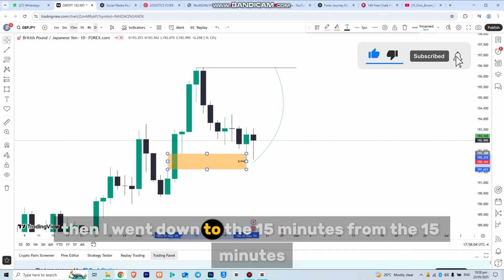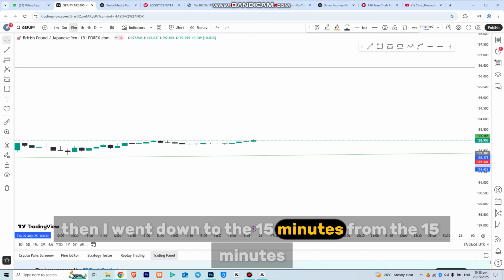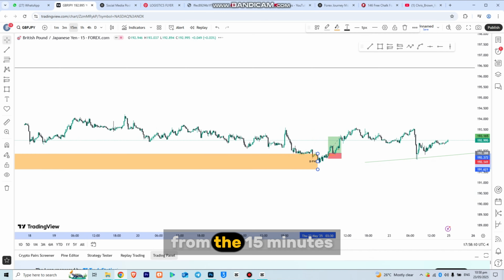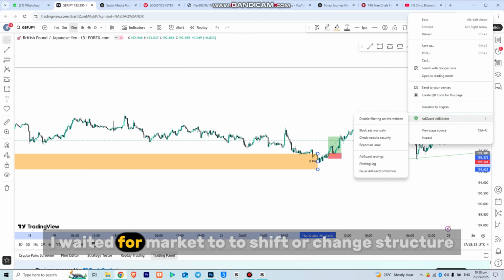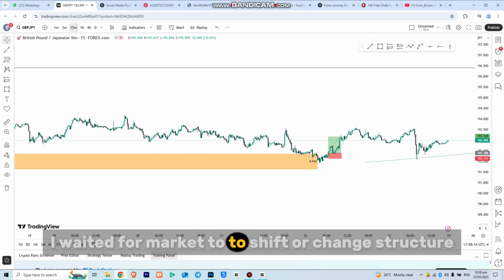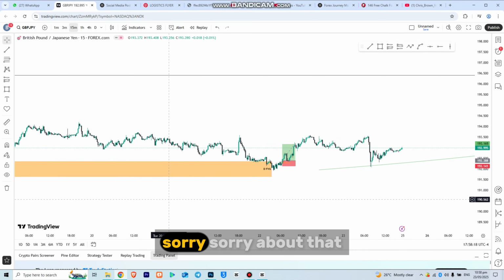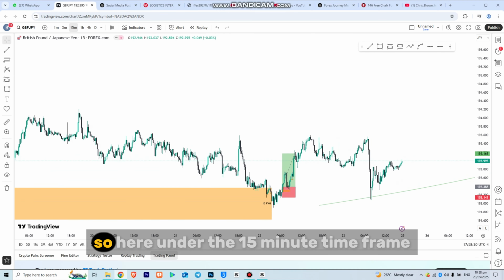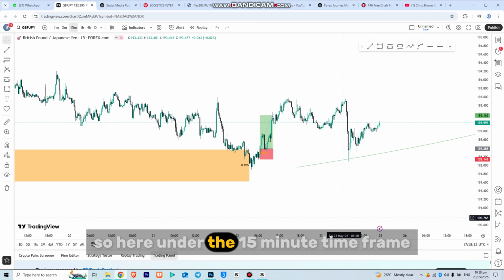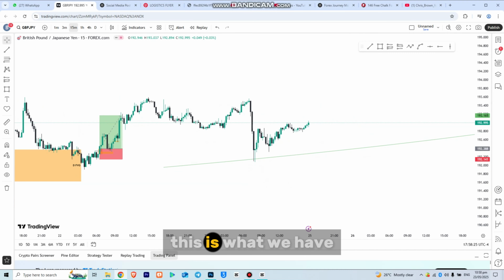From the 15 minutes, I waited for market to shift or change structure. So here under the 15-minute time frame, this is what we have.